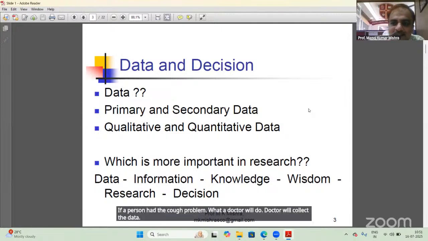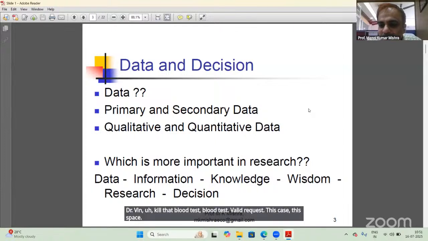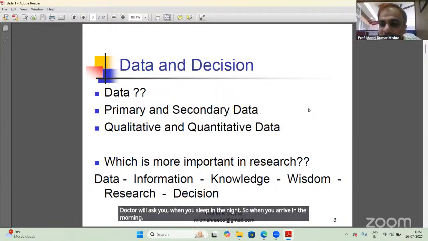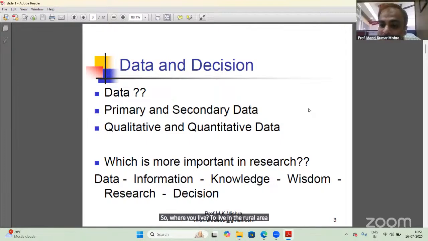The doctor will tell you, show your eye, show your tongue. The doctor will measure the temperature of the body also, heartbeat also. The doctor will tell you to do a blood test, this test. The doctor will ask when you sleep in the night, when you get up in the morning, where you live, whether you live in a rural area or urban area.